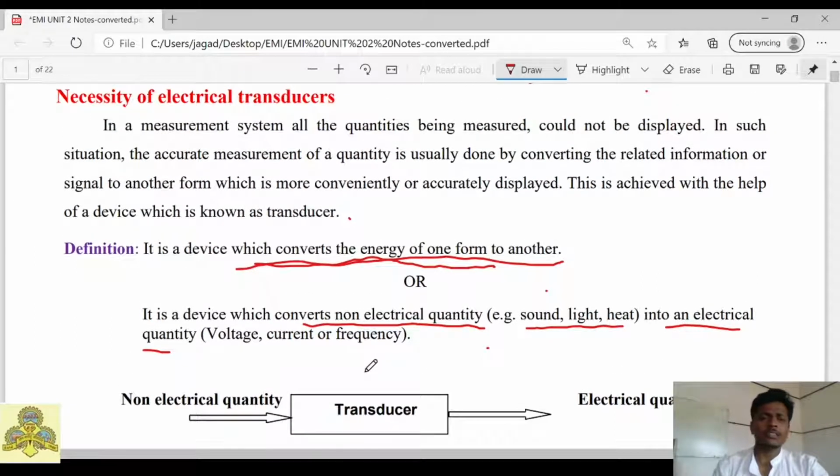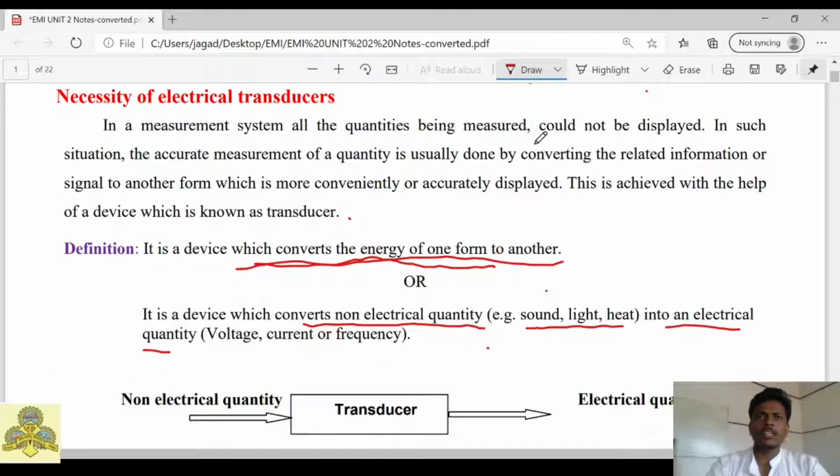What is the necessity of an electrical transducer? Because in any measurement system, all quantities being measured could not be displayed, isn't it? So to display them, we need an electrical transducer. Again, take the example of a weighing machine, as in Unit 1. When you put a weight on a weighing machine, the pressure or strain is converted into an electrical quantity that is processed and displayed as per the user's convenience, isn't it?